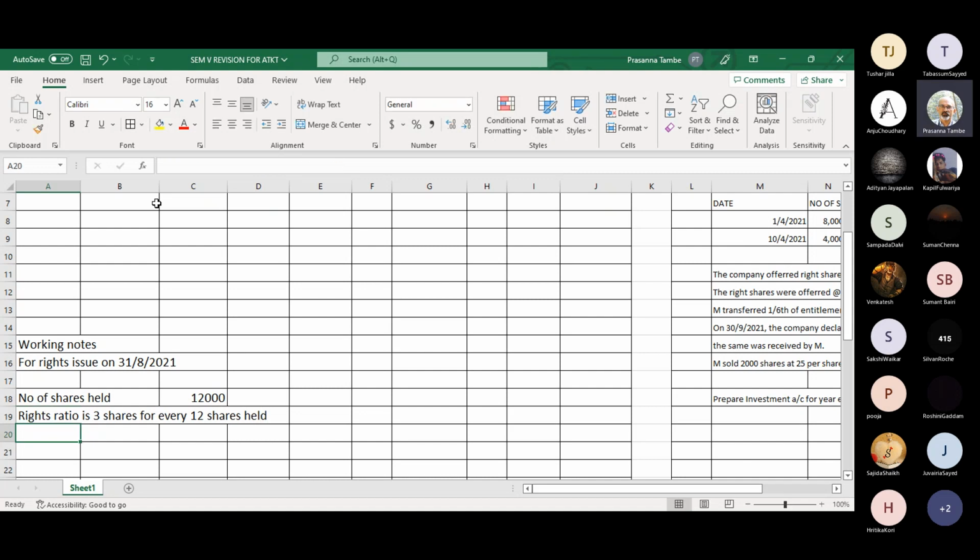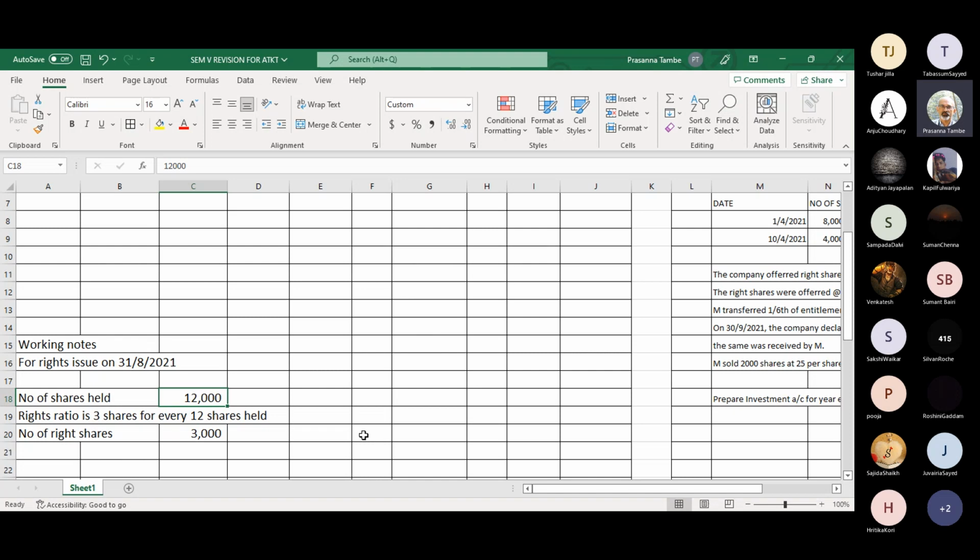The number of rights shares will be 12,000 divided by 12 into 3. Eligible for 3,000 shares. The investor is going to be eligible for 3,000 rights shares based on the ratio, 3 shares for every 12 shares.